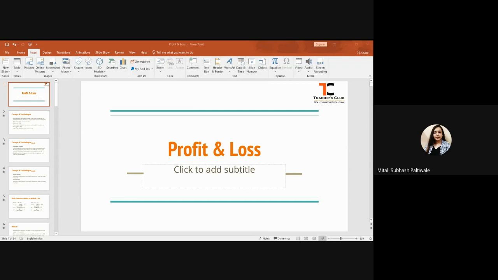So we are going to talk about all of them. Cost price, as I was telling you, is the price at which you have bought some article or item. Selling price is the price at which the article is sold. No matter whomsoever is selling it, that person will be incurring a loss or a profit.